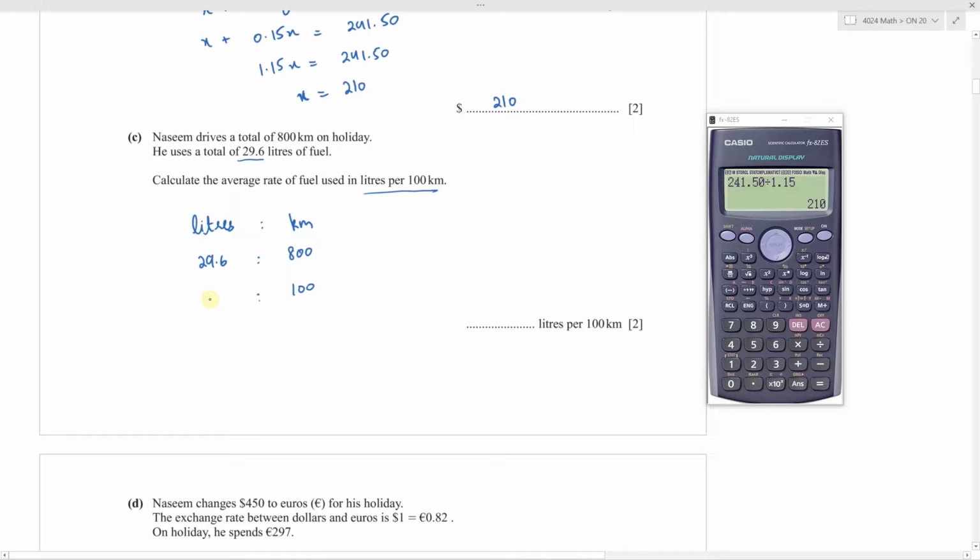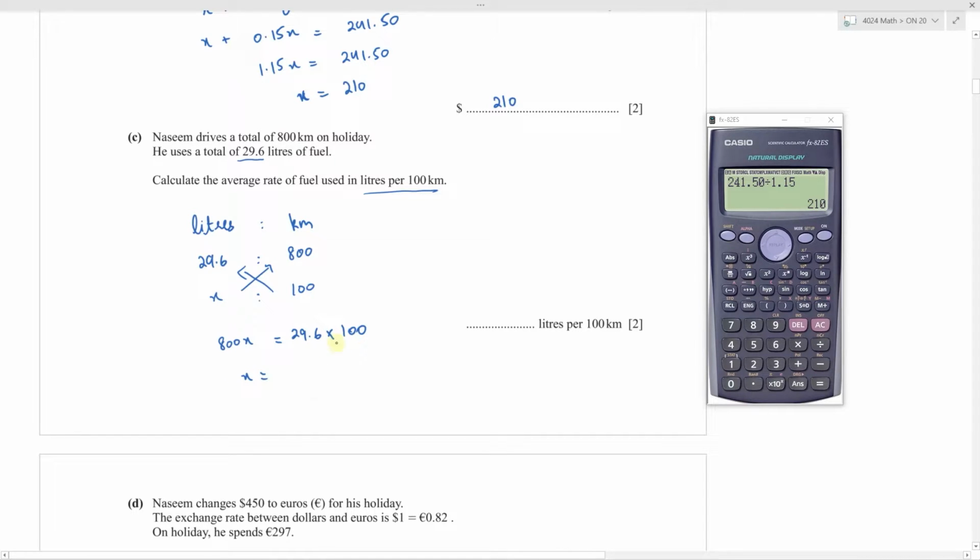So the unknown is the fuel in liters. Let's call this X, and these are directly proportional because the more distance you travel in kilometers, the more fuel in liters will be used. So you will cross multiply to form this equation. So this will become 800x equals 29.6 multiplied by 100.